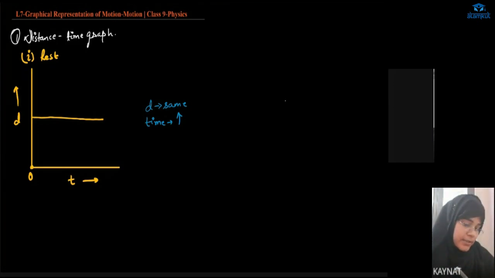Suppose it is at some distance d, and it is again at distance d at time t. So in time t it hasn't moved anywhere. That is why we say that this graph represents the body at rest.